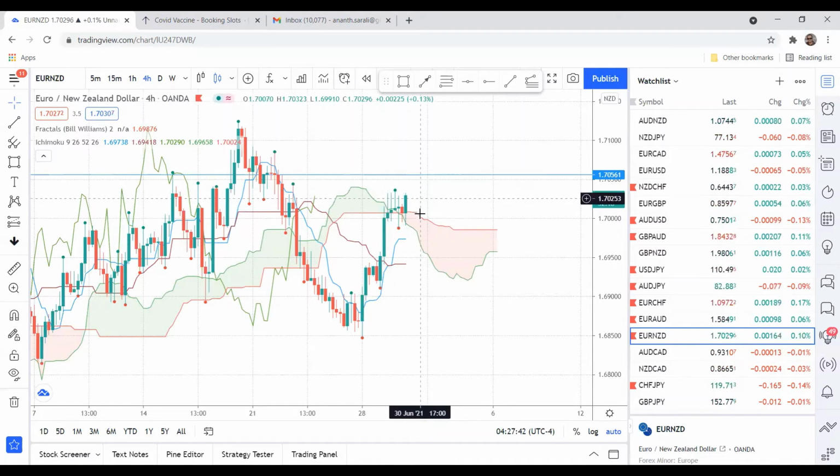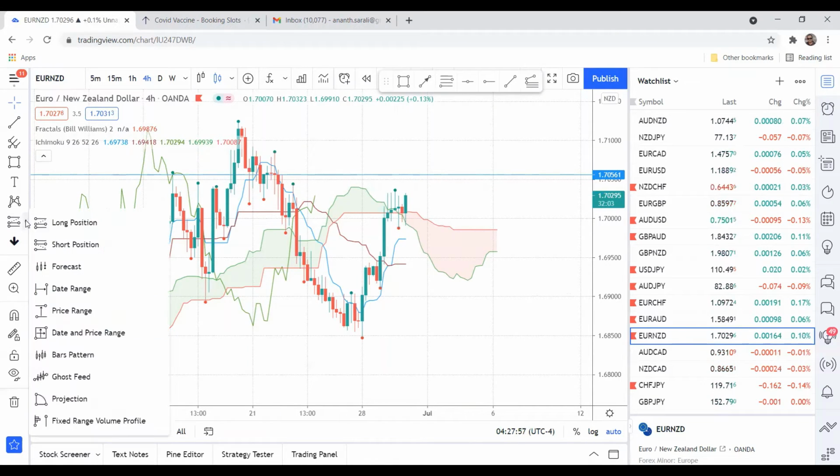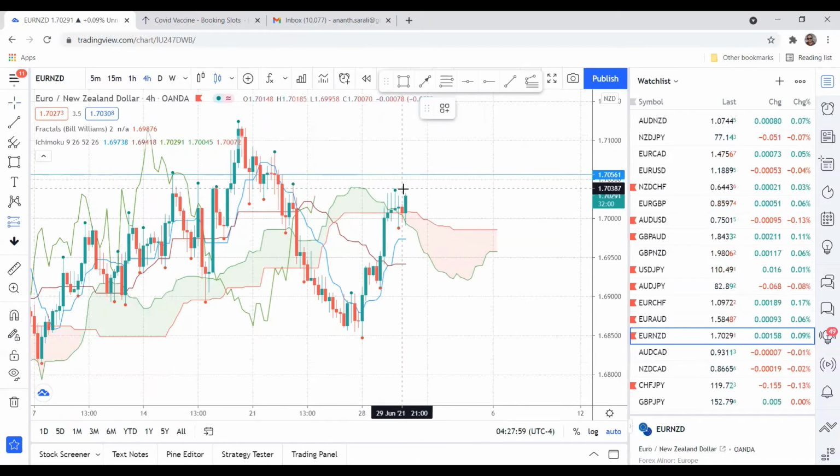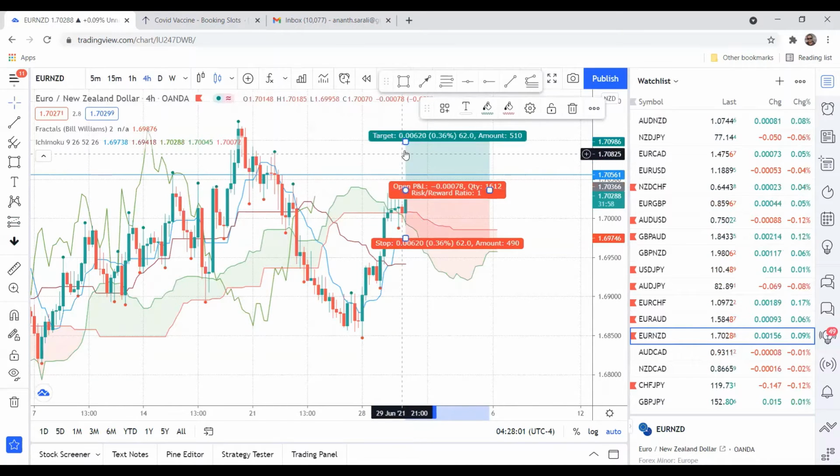And now I'm here, so I'm sure it may go up or come down, we don't know. But if it goes above here, I can re-enter actually. But the reason I am not going for it is that I don't have a 2:1 here.